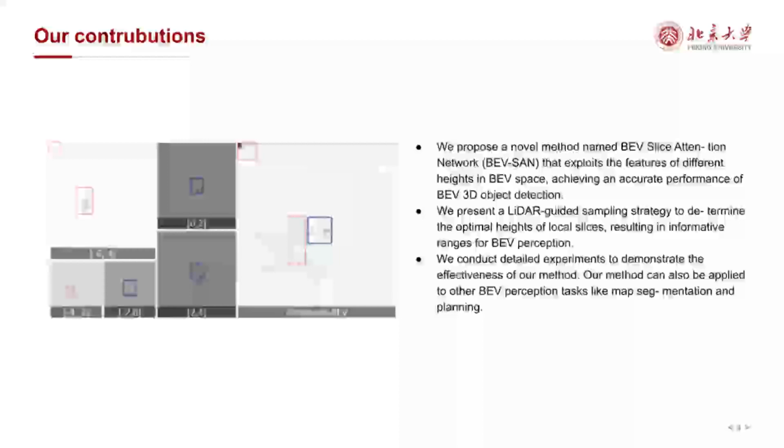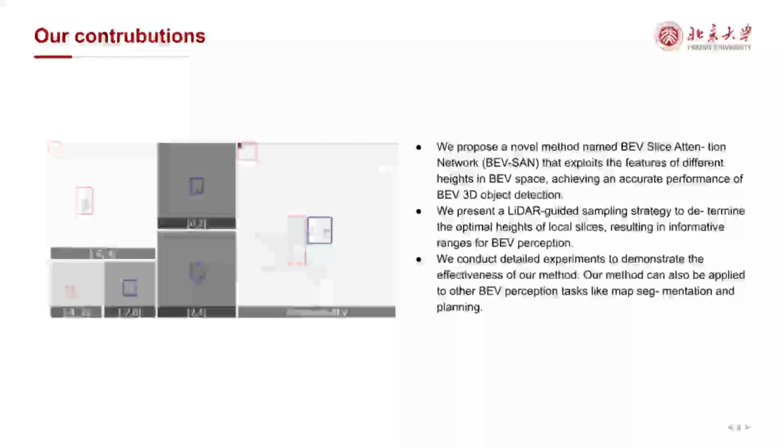BEV-SAN samples along the height dimension to build global and local BEV slices and aggregates the features from multi-view cameras. The local slices emphasize informative heights, and a height attention mechanism is used to fuse the global and local slices. The paper also proposes a LiDAR-guided sampling strategy to determine the optimal heights of local slices.